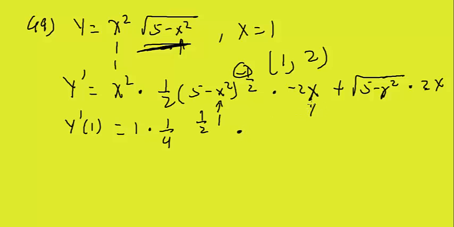Times. Plug in 1. Negative 2. Okay. Plus. Plug in 1 here. Okay. This becomes 2. So you have 2 times plug in 1 there. 2. Okay. What are you waiting on?